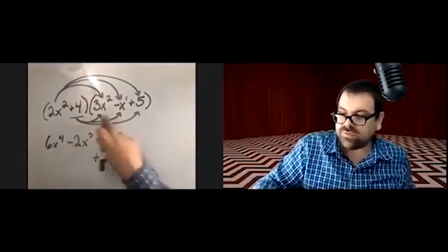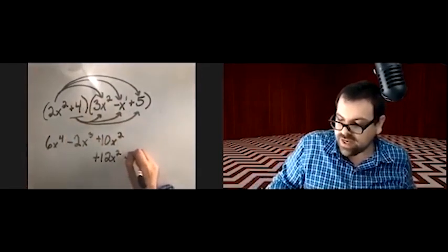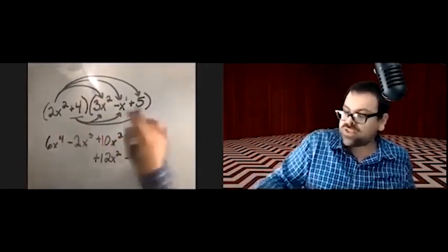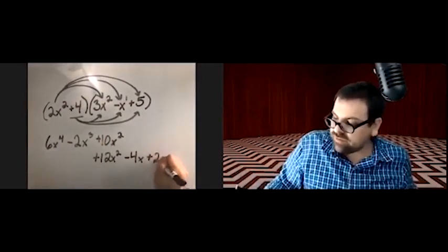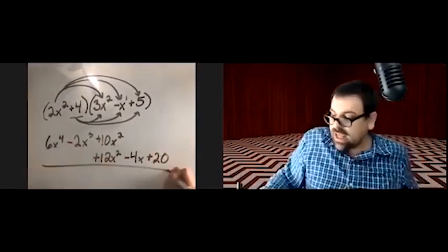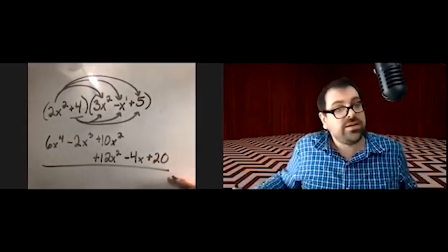And then positive 4 times negative x, negative 4x, positive 4 times positive 5, positive 20. And then I could have added vertically.